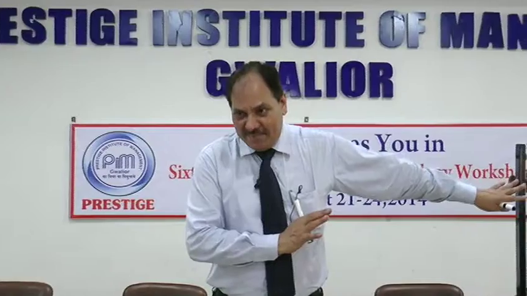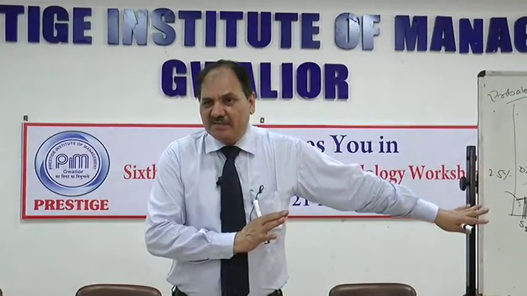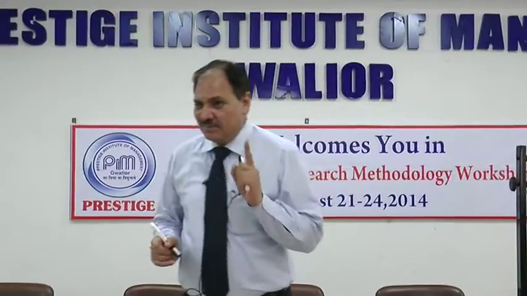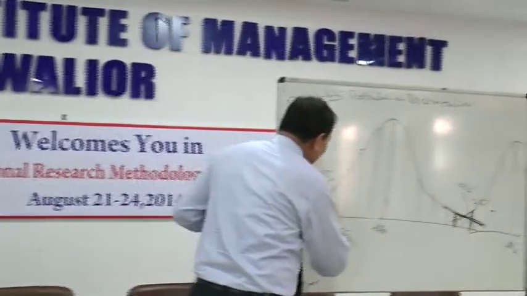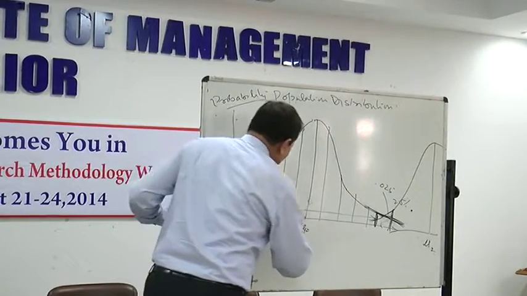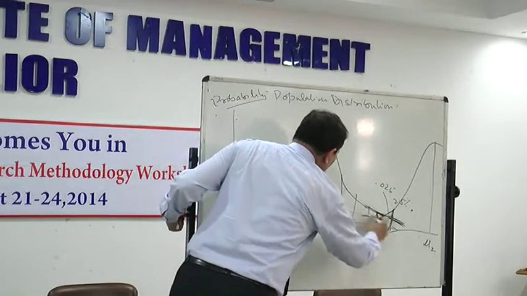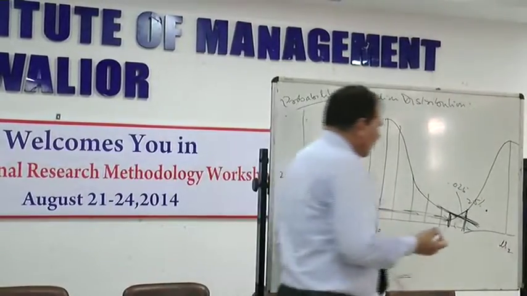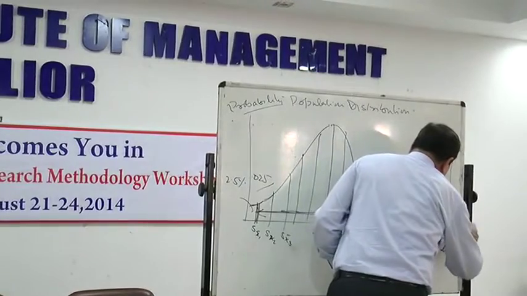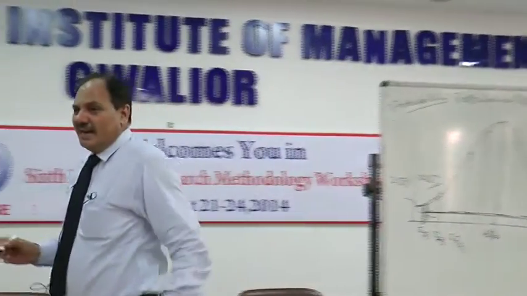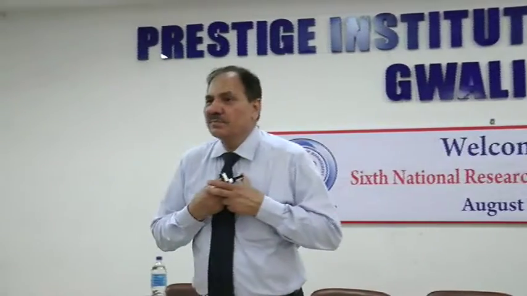If there is no overlap in the acceptance area, and this is the area of acceptance for the male population, and this is the area of acceptance for the female population, is there any overlap on the acceptance area?